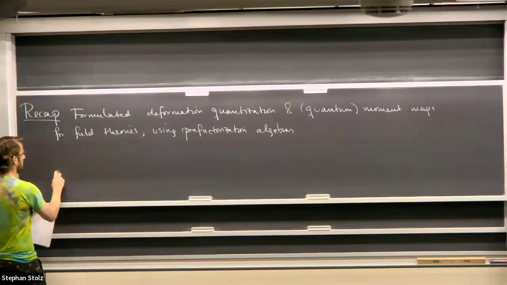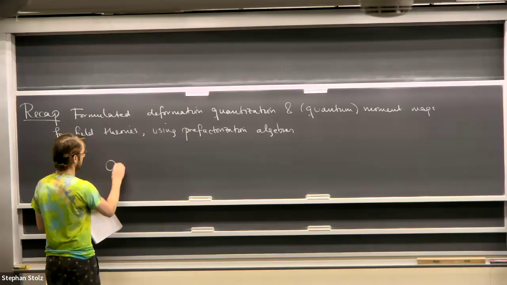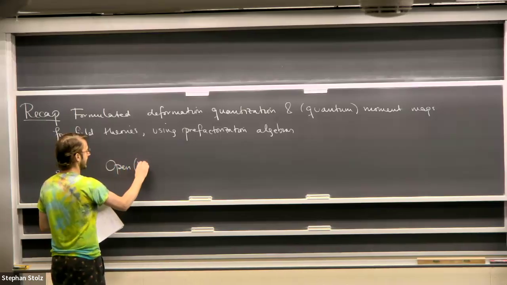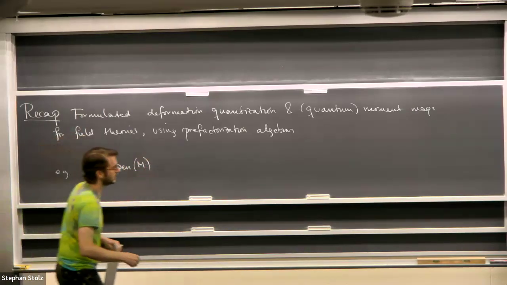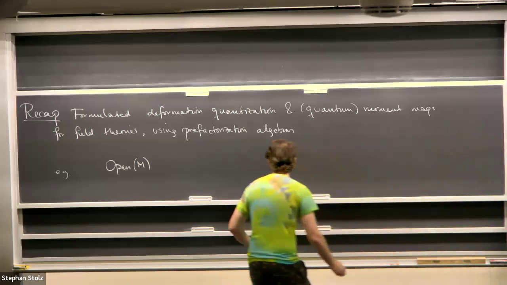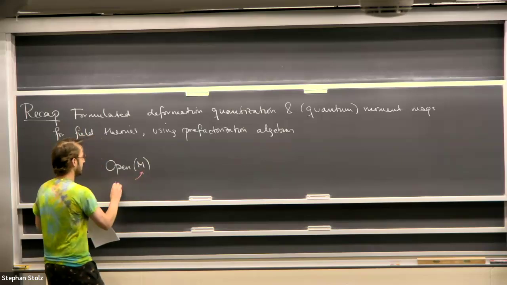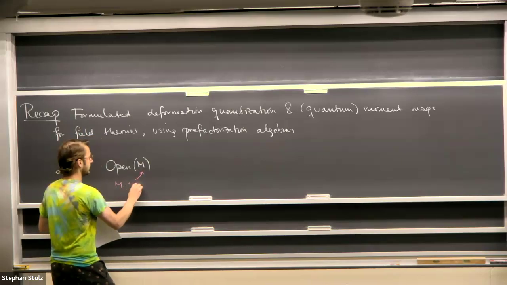So we sort of ended on the following kind of picture. We had this category of opens on the manifold M. Just to make sure that everybody has the interpretation right, this M is supposed to be the space-time of the field theory.